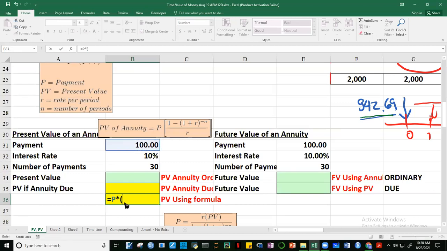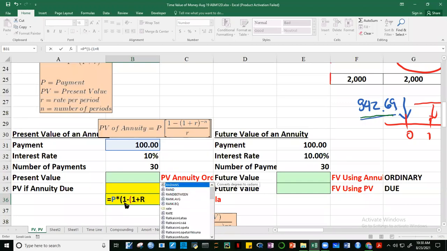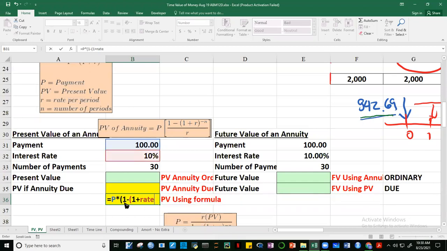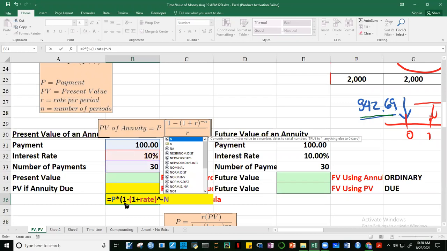And then times 1 minus quantity, 1 plus R. Just type small r. Ay, yung rate pa, rate. 1 plus the rate raised to the negative, and we use also small n.